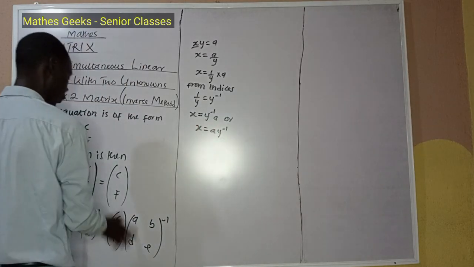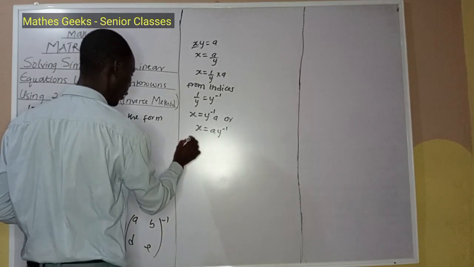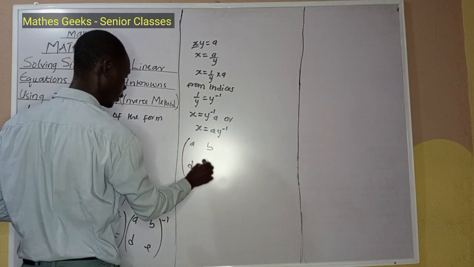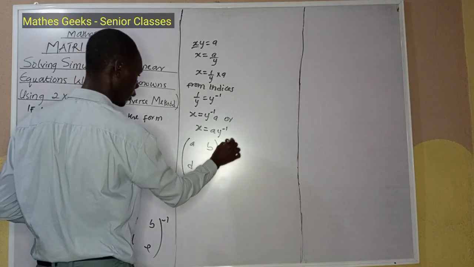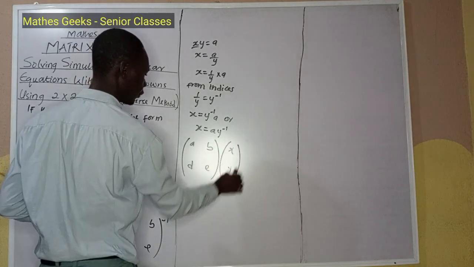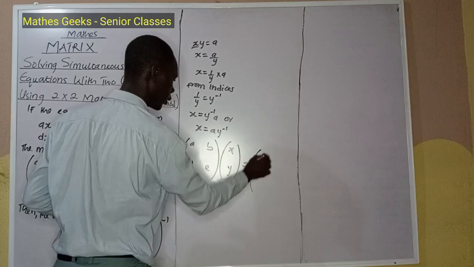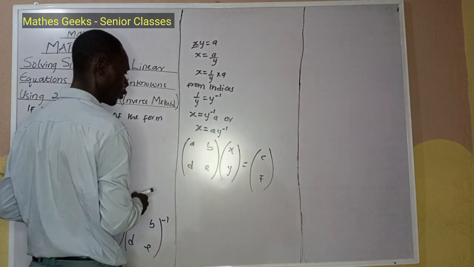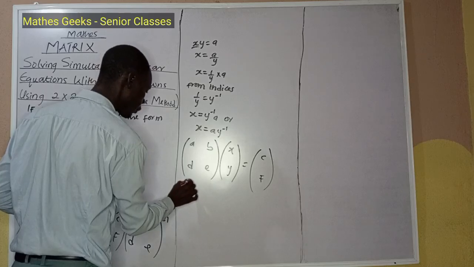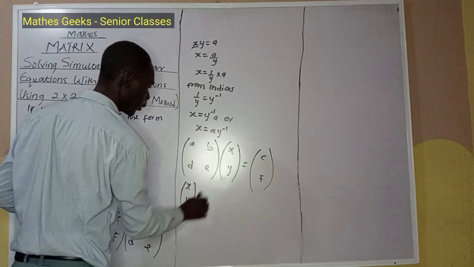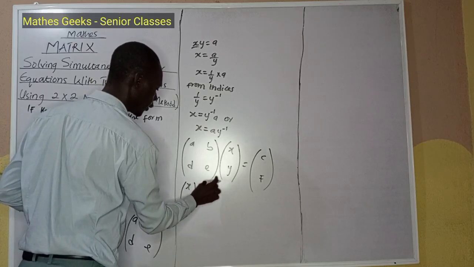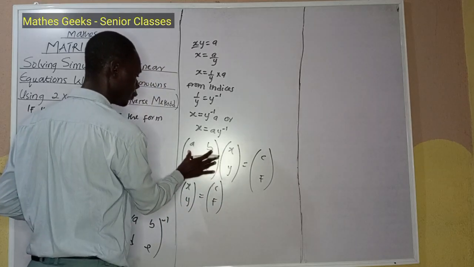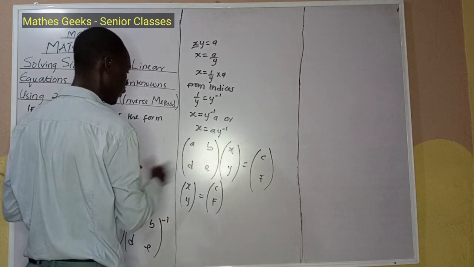That's exactly what happens here. So when you have a, b, d, e and x, y equals c, f, we want to make x, y our subject of the formula. So this will give us x, y equals c, f. We are going to divide both sides by this matrix.